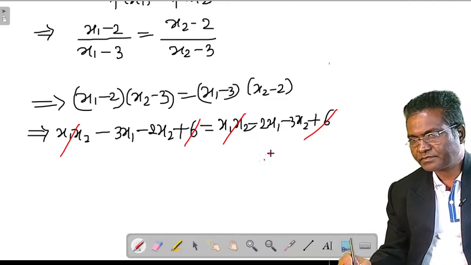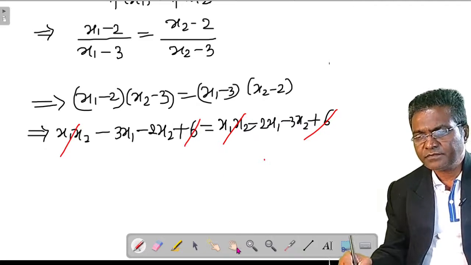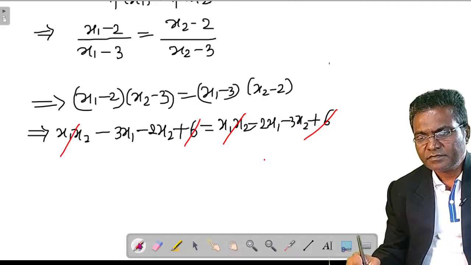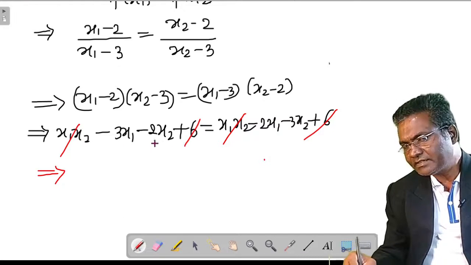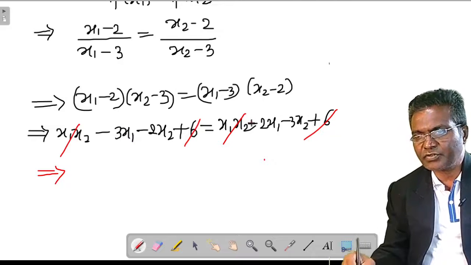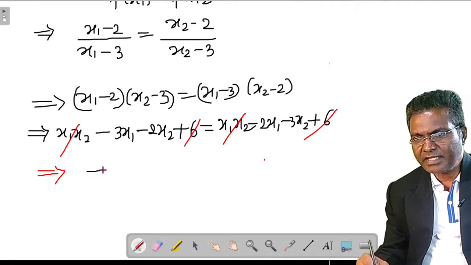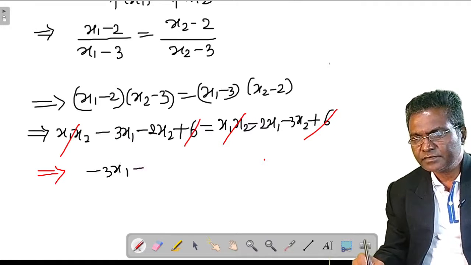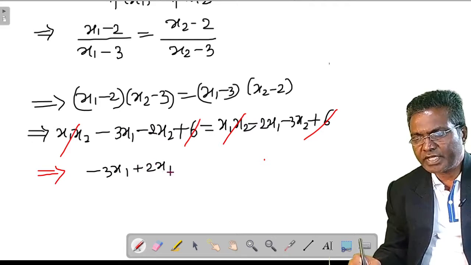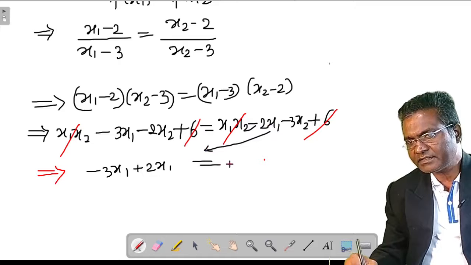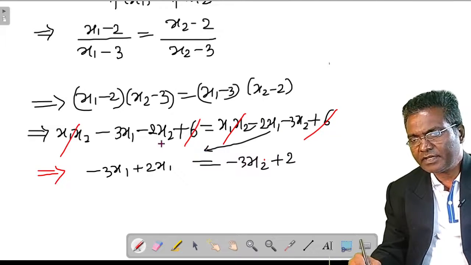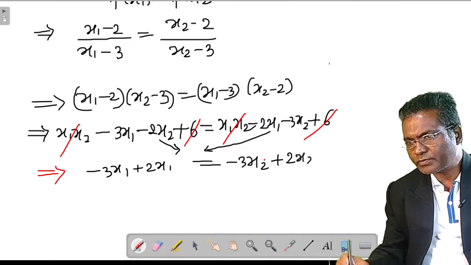Okay, now you want to bring x1 terms to one side and x2 terms to the other side. So it is minus 3x1 plus 2x1. Bring this 2x1 to this side. On the other side, minus 3x2, and you can bring this 2x2 to this side, it becomes plus 2x2.